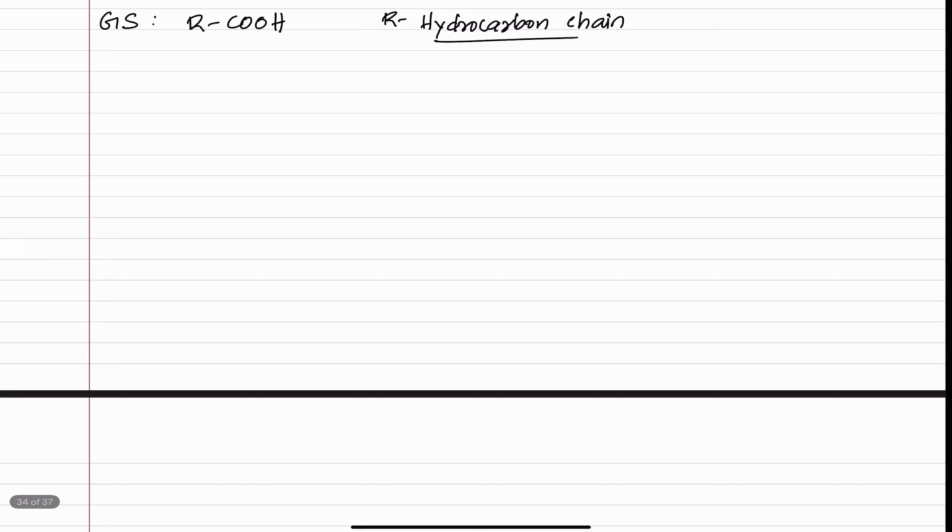So before we get into classification, let's talk about how fatty acids can be represented. Fatty acids can be represented by numbers according to how many carbon atoms are present in them. I'm going to take an example. Let's say a 16 carbon fatty acid with no double bond.